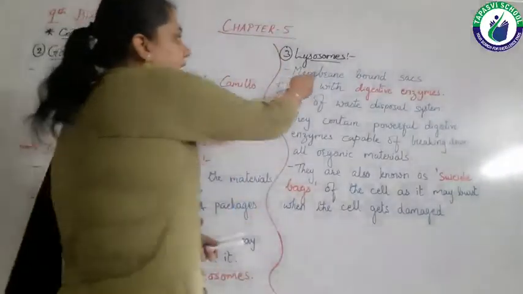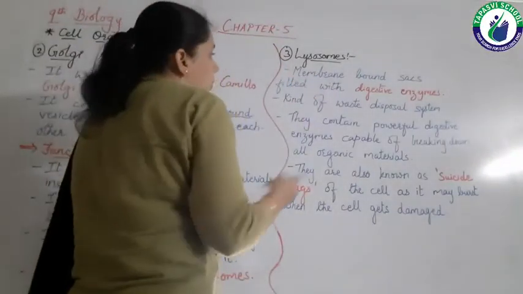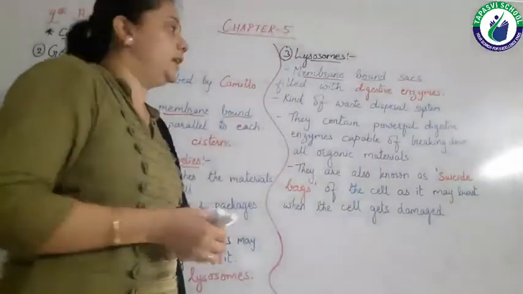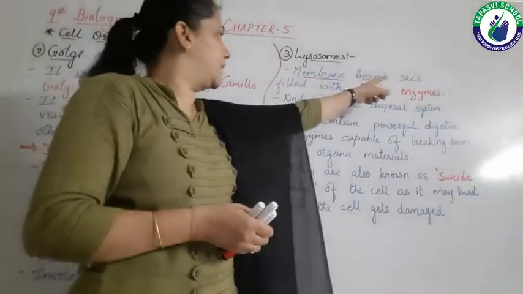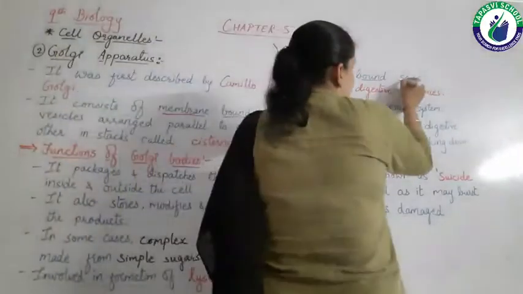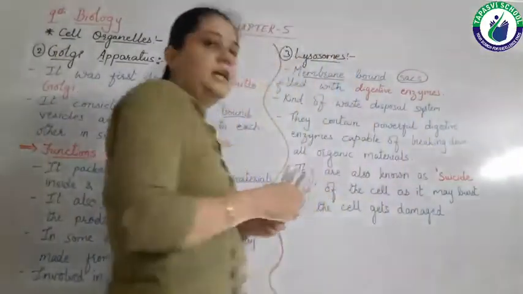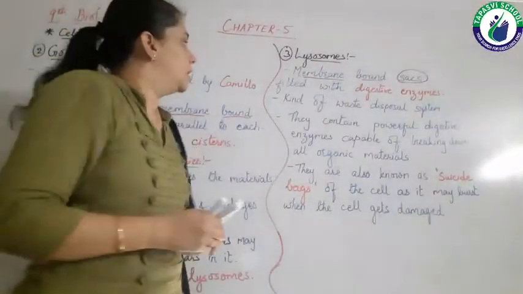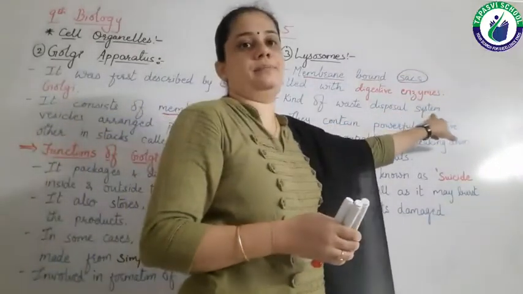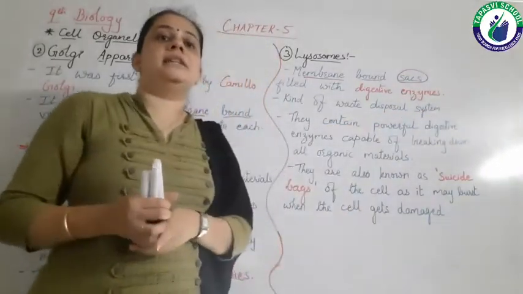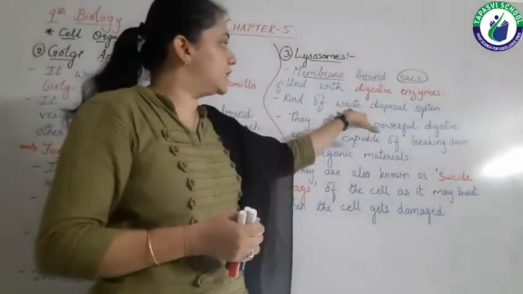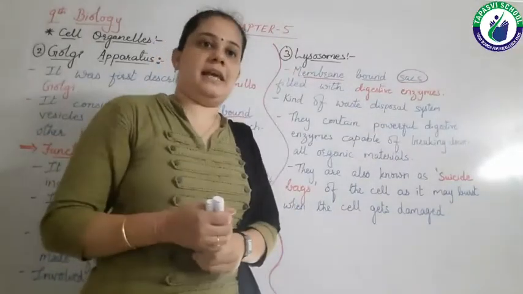lysosome. Lysosomes are, again, the same word comes, membrane bound, meaning they have a membrane, right? So lysosomes are membrane bound sacs filled with digestive enzymes, meaning they are bag-like structures having digestive enzymes. They are a kind of waste disposal system, meaning they dispose of the waste from the cell, right?